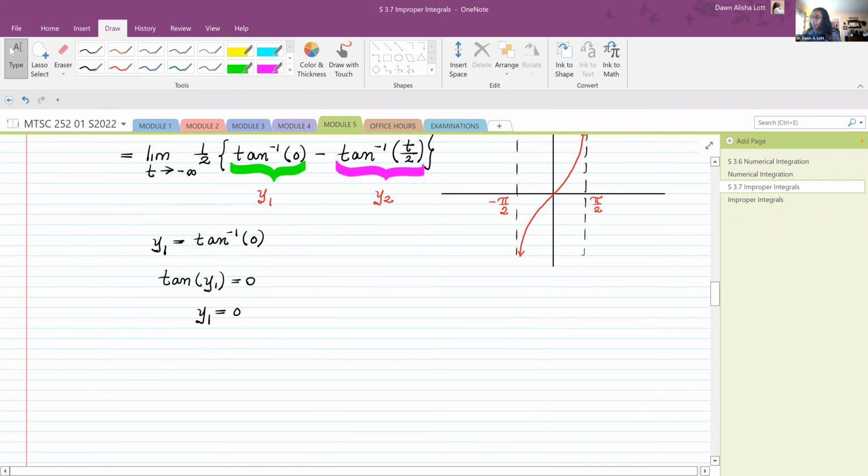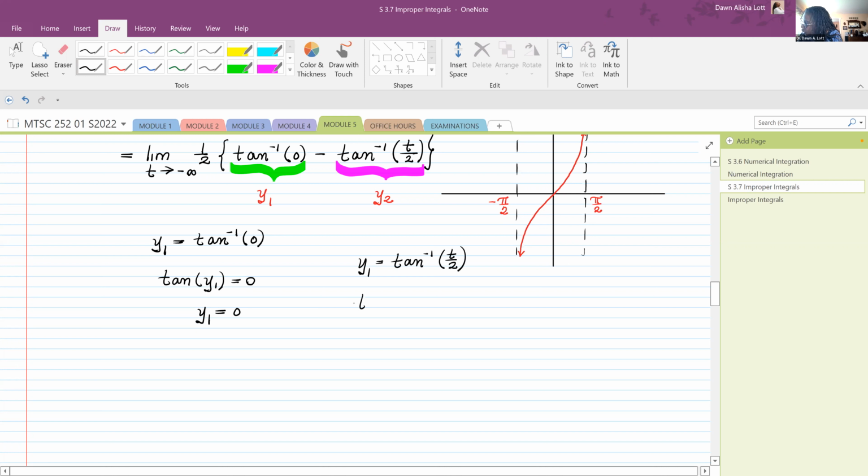Now we have to do Y2. Y2 is the limit as t approaches negative infinity. I'm not going to worry about the 1/2 or the negative, just the tangent. Y2 is the tan inverse of t over 2.